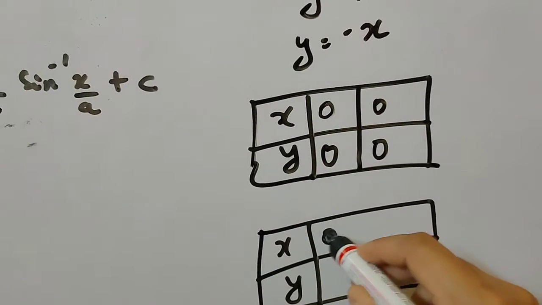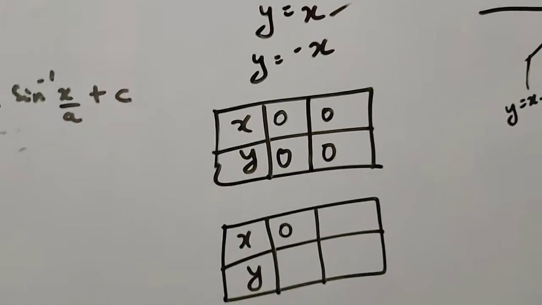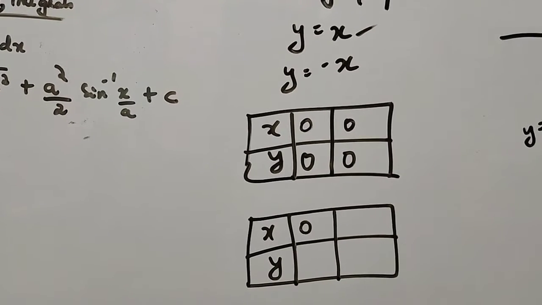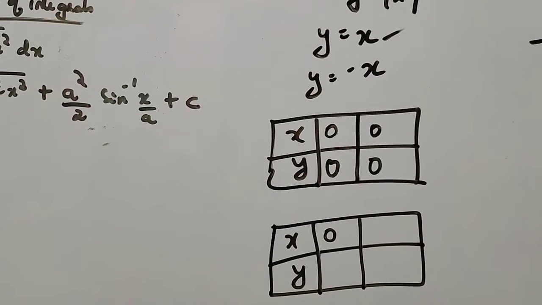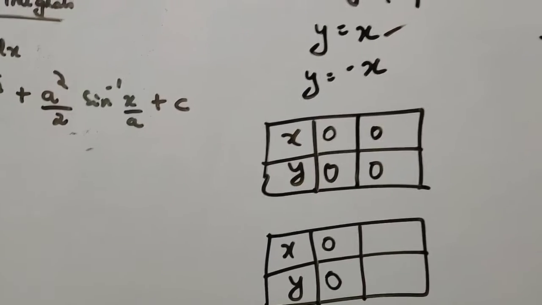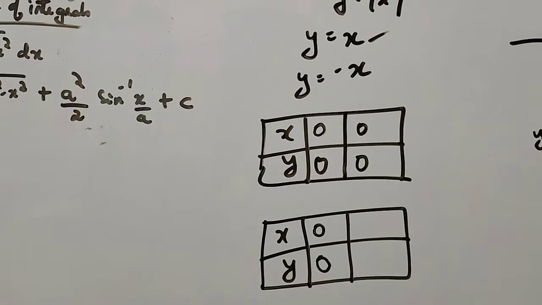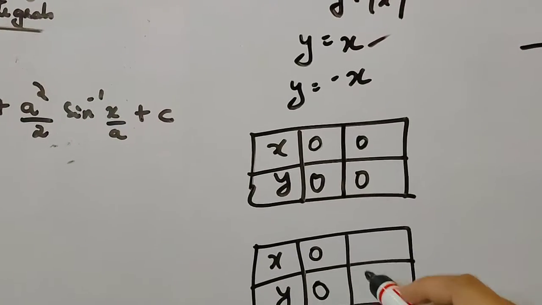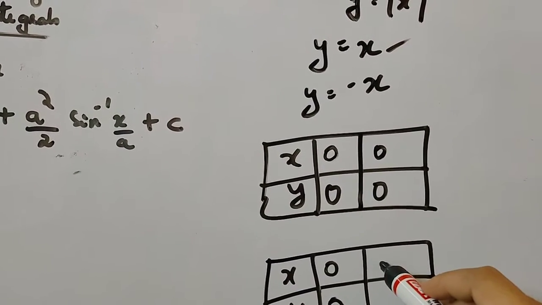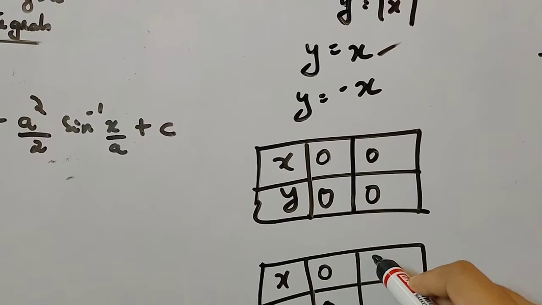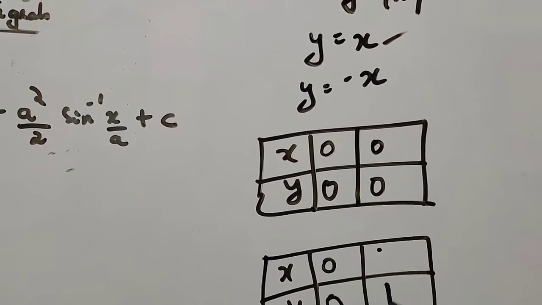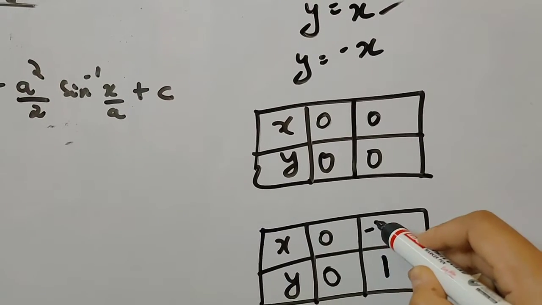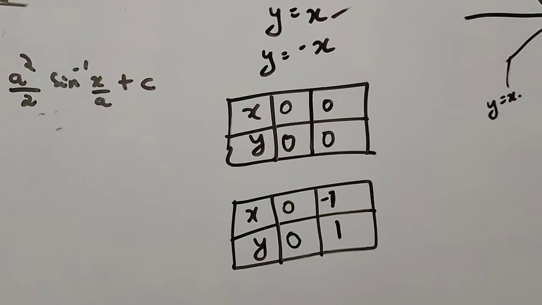Now for the second one, when my x is equal to 0, then my y also equals 0. If my y is equal to 1, then my x value will be minus 1, like that.